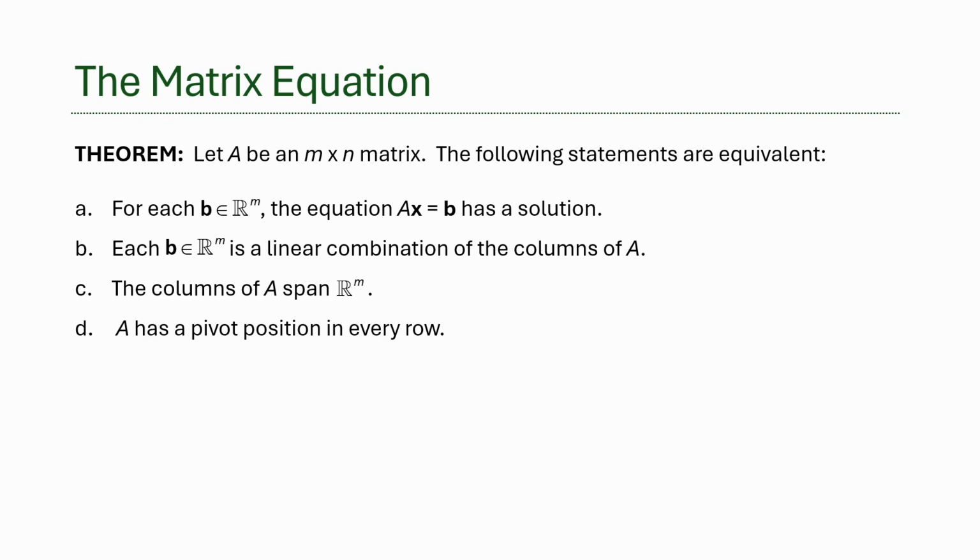It says the equation associated with that matrix has a solution for every vector B in Rm if and only if every B in Rm is a linear combination of the columns of A. That's the vector equation interpretation. The columns of A span Rm, or A has a pivot position in every row. That in particular is, as a practical matter, quite often the easiest one for us to show.